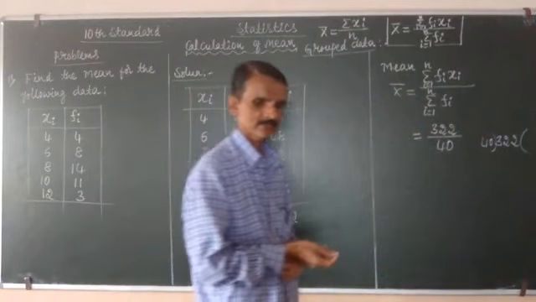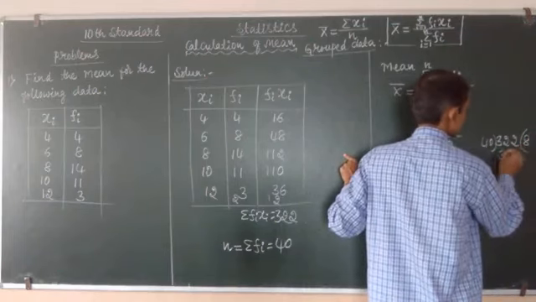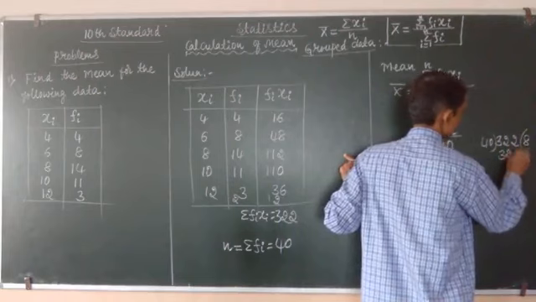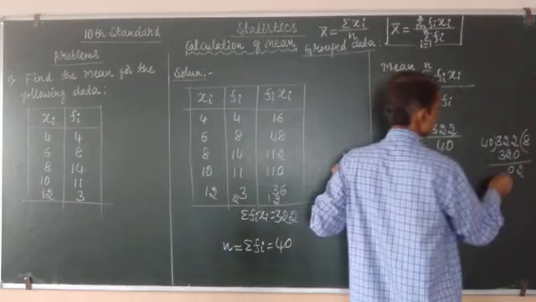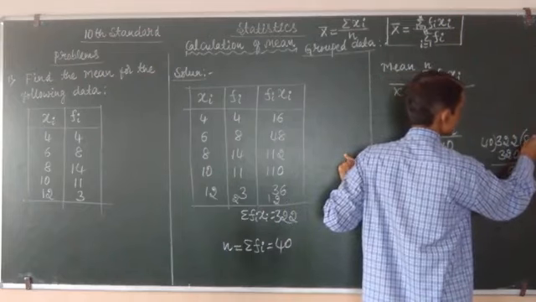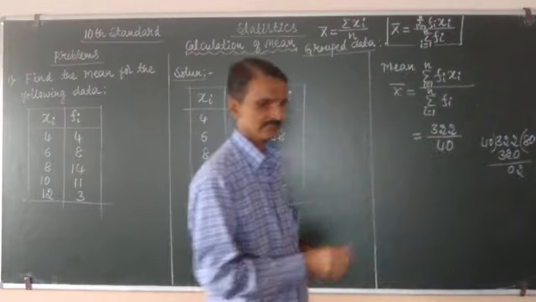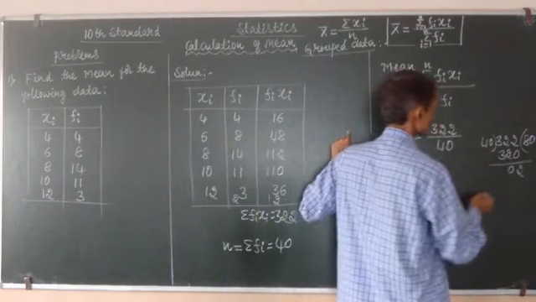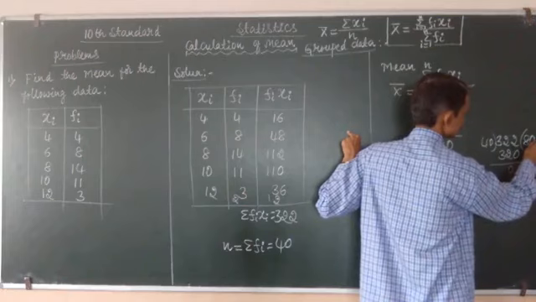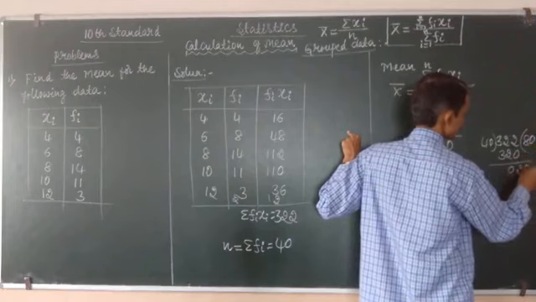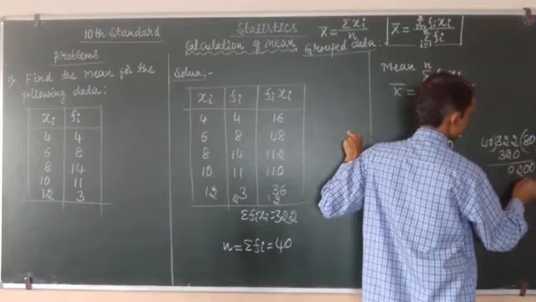We get 4 8, 48. So it will be 320. So the 0 cancels. 4 8. So now put the point here, then it will be 4 8, 40 into 5.